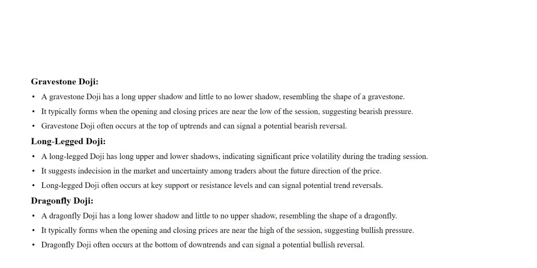The long-legged doji has long upper and lower shadows, indicating significant price volatility during that trading session. It suggests indecision in the market and uncertainty among traders about the future direction of the price. It can often occur at key support or resistance levels, and it can signal potential trend reversals.